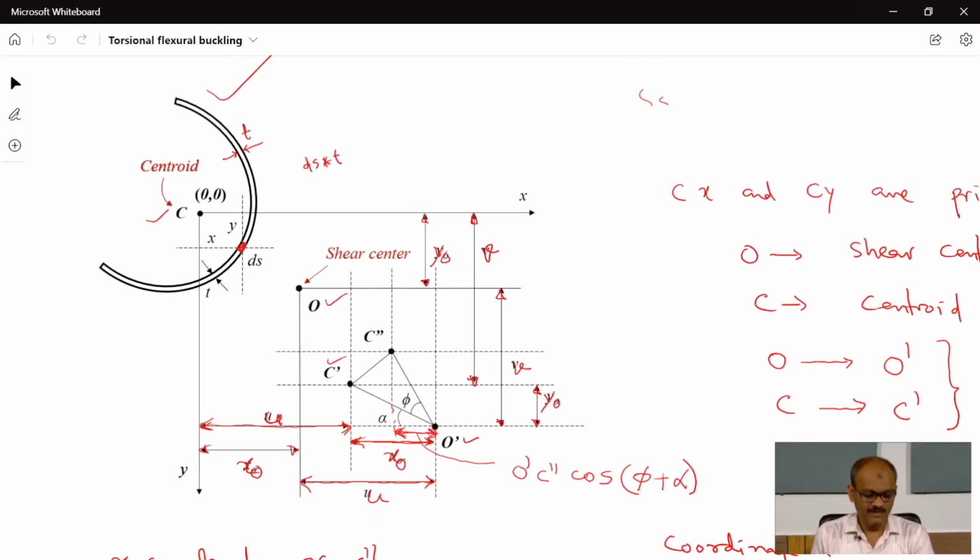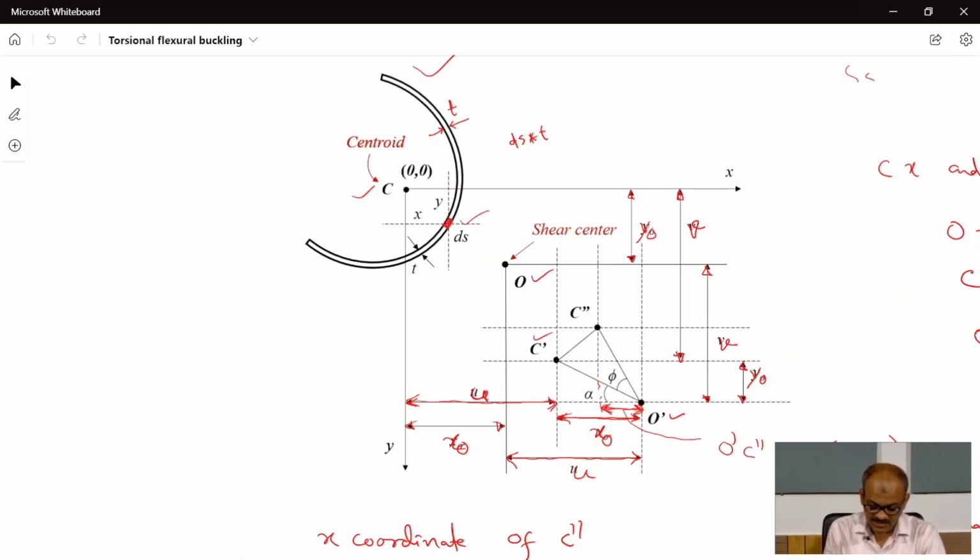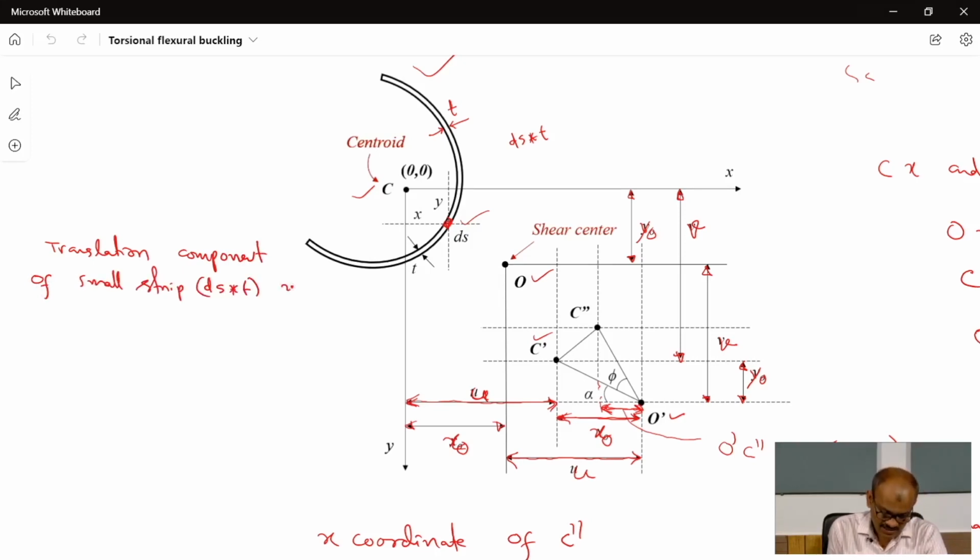If you see here, this small strip ds into t, because of the application of the load, the section got deformed. The translation component of this small strip is the same as the translation component of the centroid.